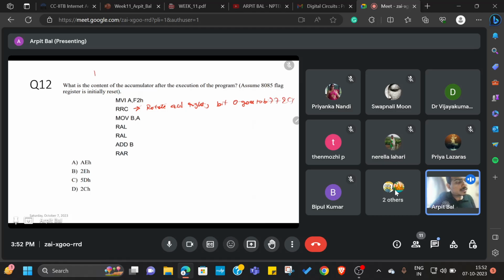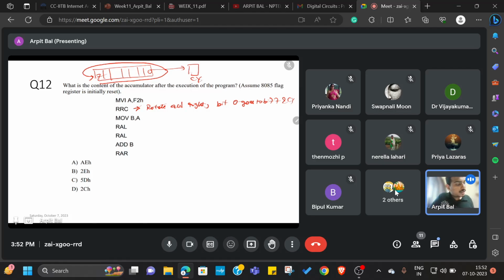This is analogous to RLC, the instruction that we saw before. In this case the accumulator is rotated to the right, and bit 0 goes to the carry bit.